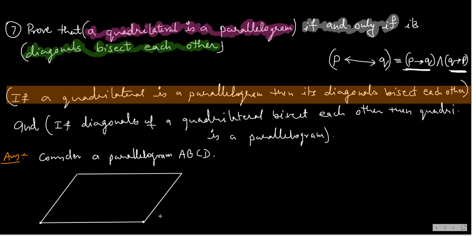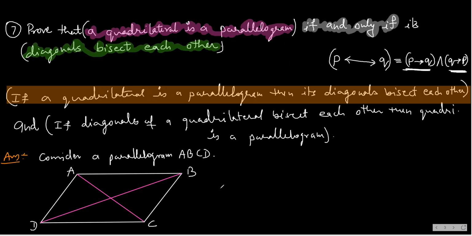So here I have a parallelogram ABCD, and what is to be proved? I have to prove that the diagonals will bisect each other. So let me draw the diagonals AC and BD. I have to prove that AC and BD are going to bisect each other.